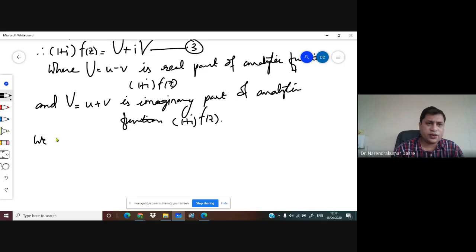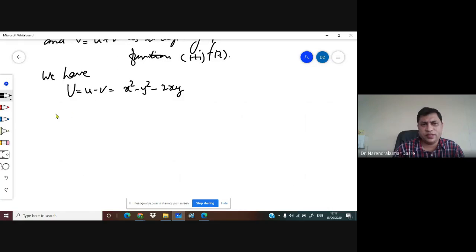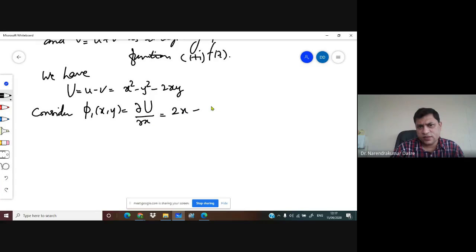And hence, what we have been given is u is equal to u minus v, so that is x square minus y square minus 2xy. This being a real part, we have to use the Milne-Thompson method for the real part. So we consider phi 1 of x y, which is the partial derivative of U with respect to x, so it is 2x minus 2y.